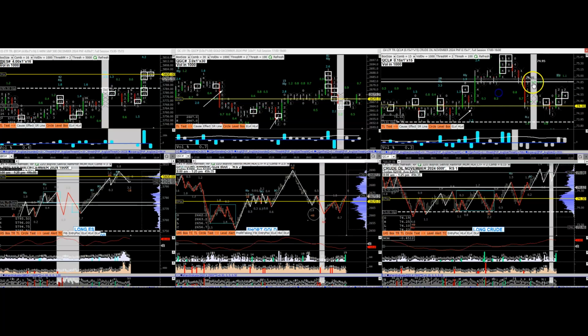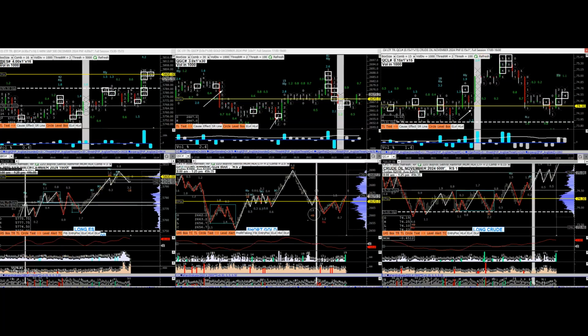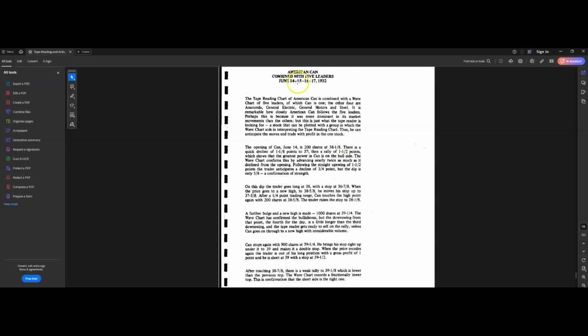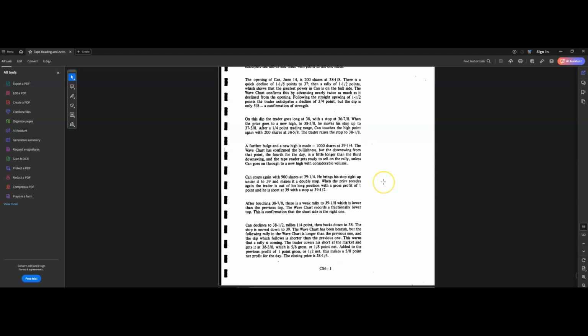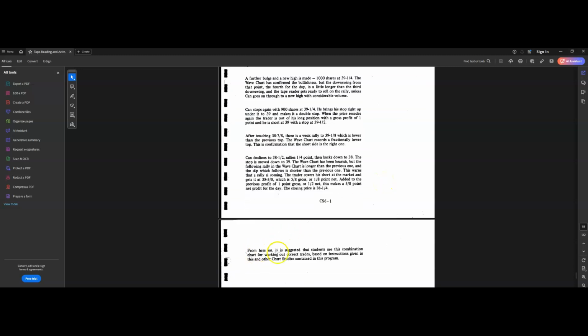This is a Wyckoff toy. All right, let's go to a Wyckoff chart. All right, so this is a study, Wyckoff study. I'm not going to go through the study, but basically this is actual Wyckoff course, and I want to go through where it says, from here on, it is suggested that students use this combination chart for working out correct trades.